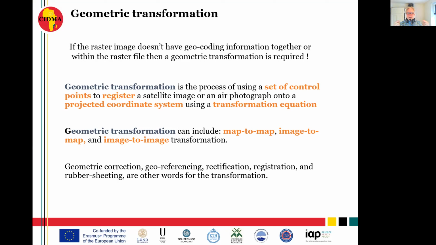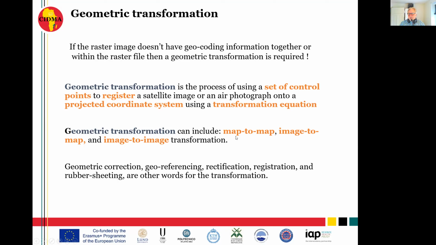If we can connect points in the satellite image to positions in the geo-corrected data, for instance, the roads, then we can transform the satellite image into the same system. And that's something we call geometric transformation.